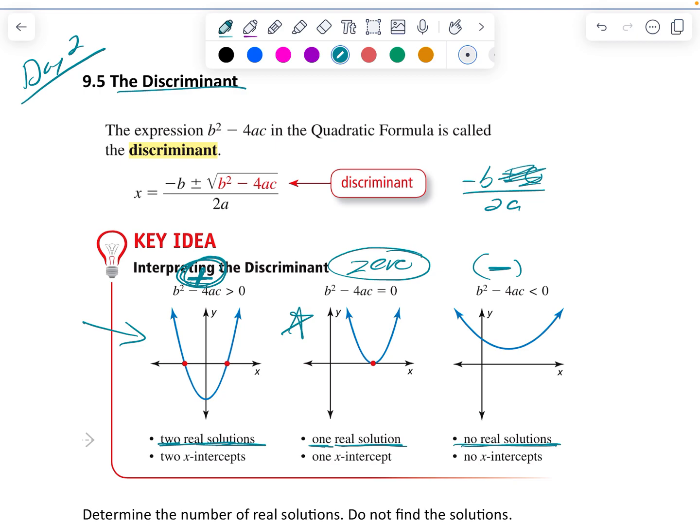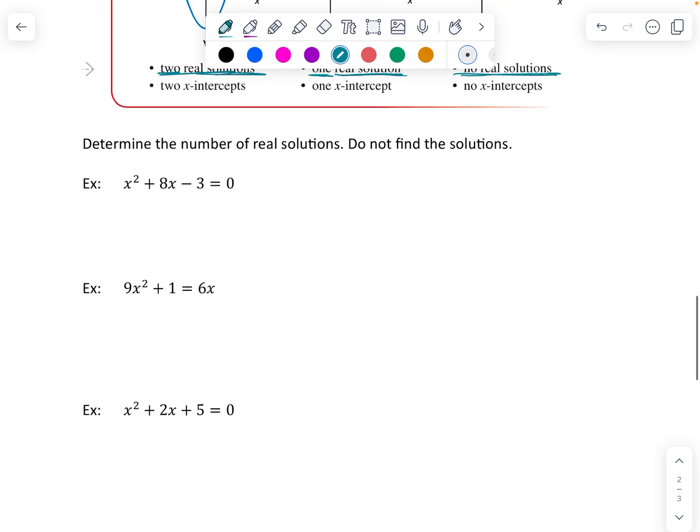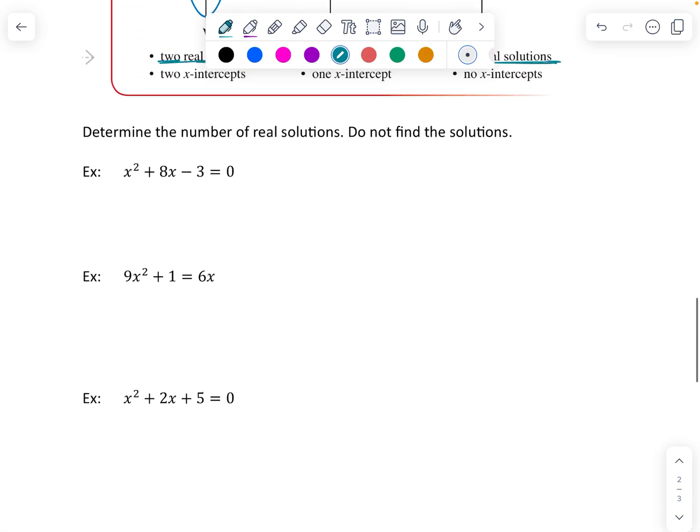And if it's negative, we get no solutions. And so part of your assignment today is going to be using the discriminant to determine the number and type, I should have put and type, of solutions. So that's it. We're not finding the solutions, just how many and what type.